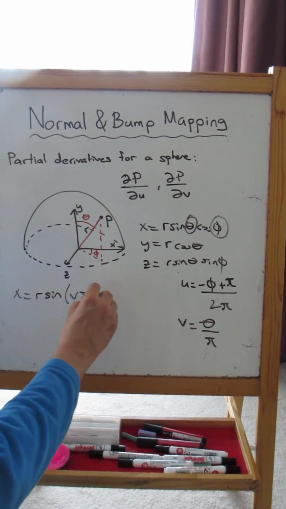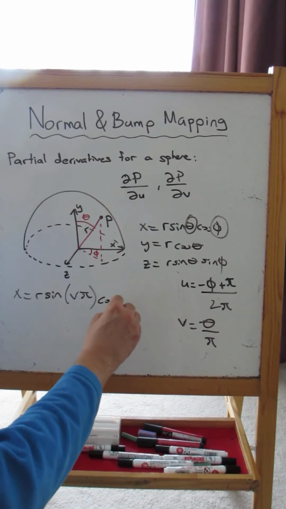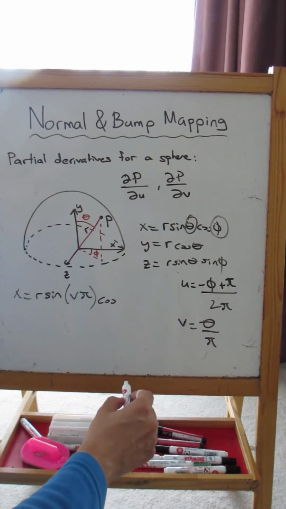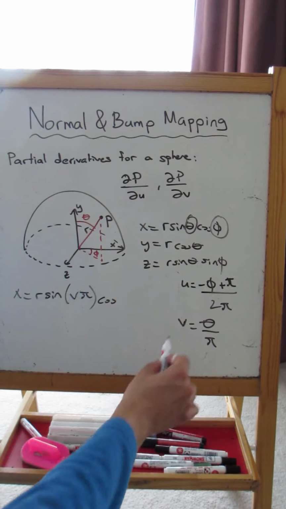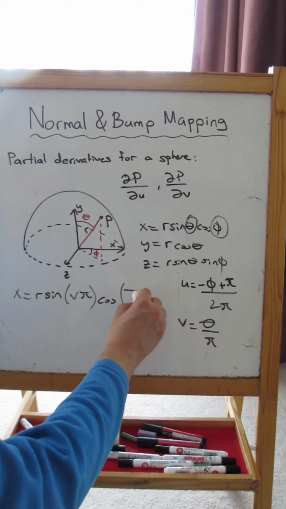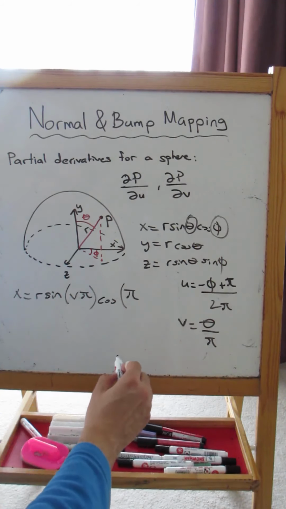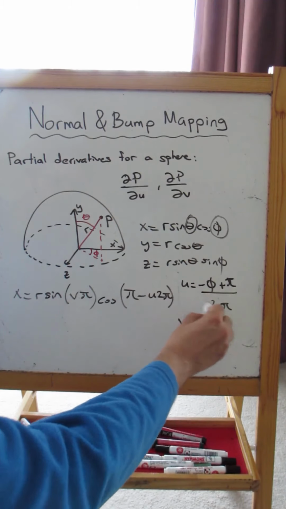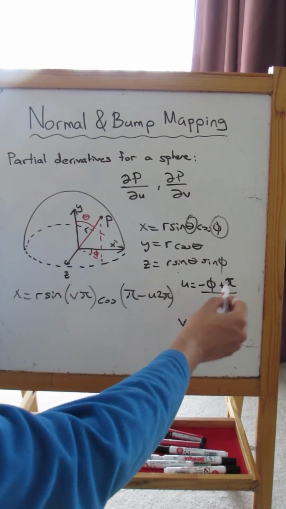V pi cos phi. So what is phi? How can we compute phi from here? It is pi minus u 2 pi. So multiply this and switch sides.